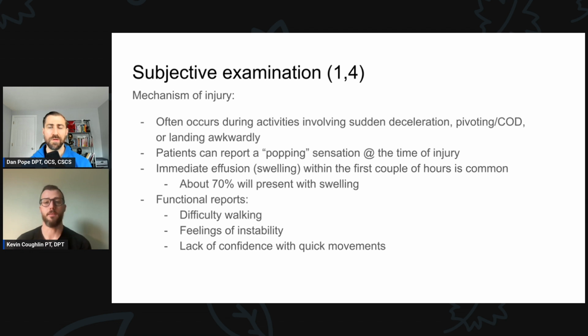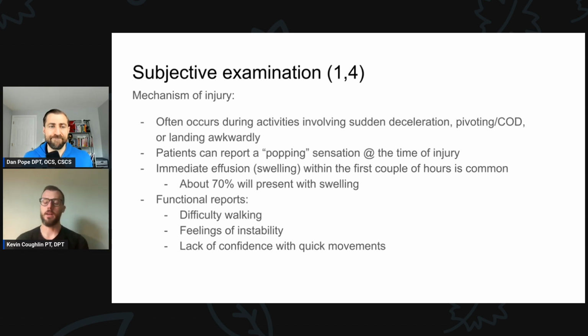So that person might have swelling almost right away, versus the meniscus, where we see a little bit of a delay in swelling. So a little bit of differential diagnosis there. If they didn't notice swelling till a day or two later, maybe we're thinking meniscus. But if they had a very quick onset of swelling, maybe we're thinking ACL or another ligament in the knee. And one of these studies was saying that about 70% of patients will present with swelling.